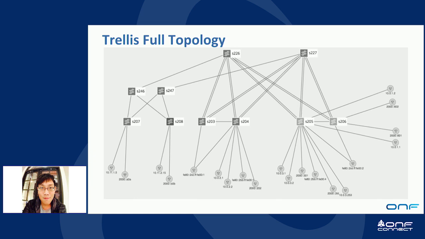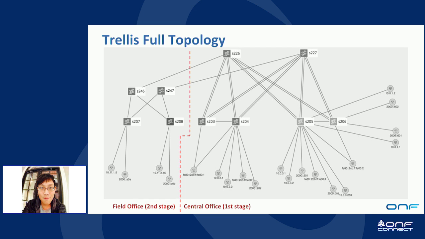So in this diagram, you can see a full topology of Trellis. It's kind of complicated, so I'm going to start explaining this by splitting this diagram into two parts. You can see on the right-hand side, it's what we call the main fabric, or sometimes we call it first stage, which is usually deployed in a central office.